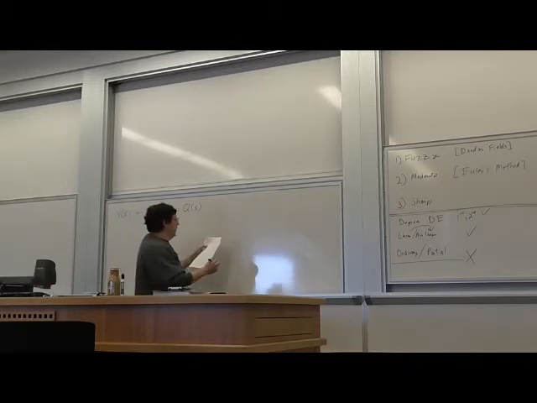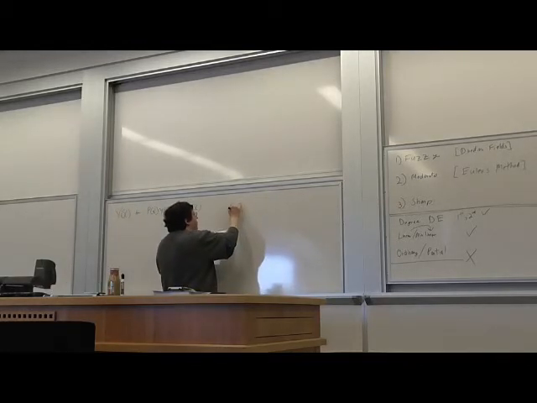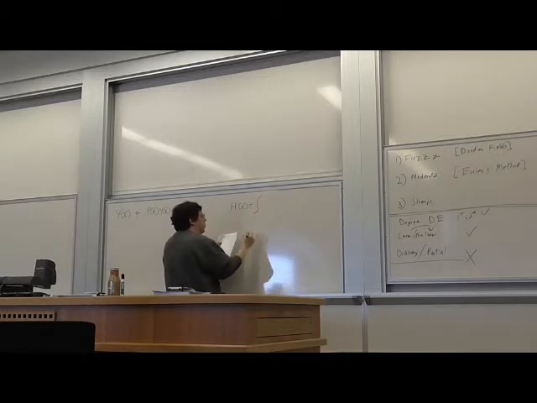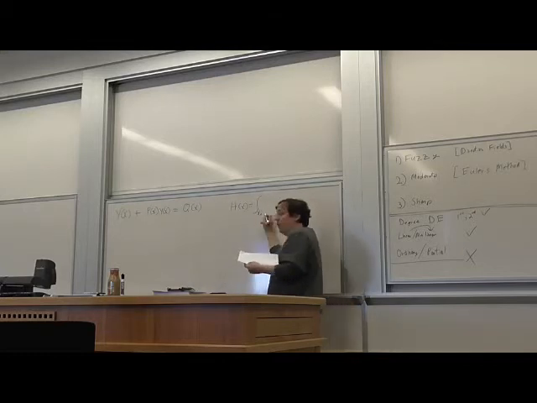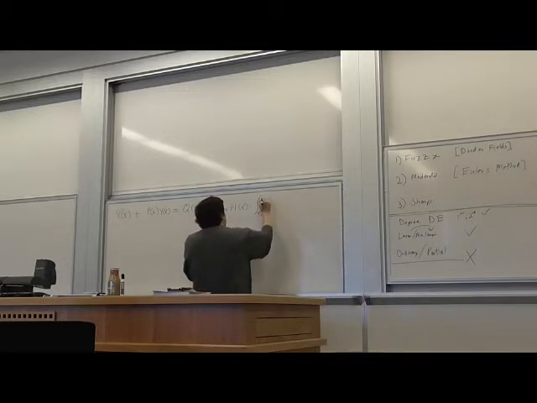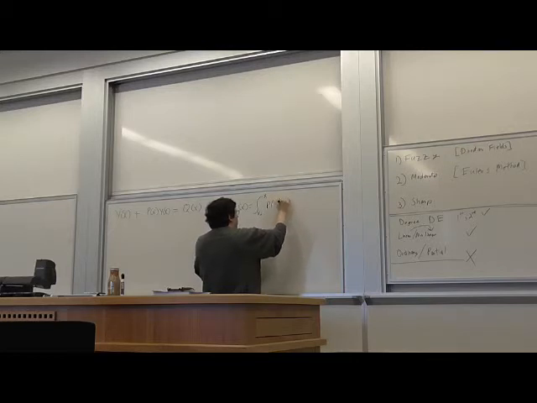The first thing is we're going to define a new function, h of x, which we define as the integral from x naught. This is going to be the x naught for our starting condition, but you don't know that yet. And we're going to integrate p from x naught to x.